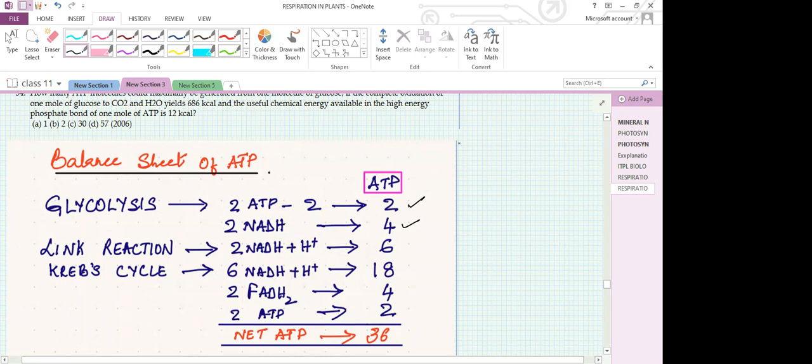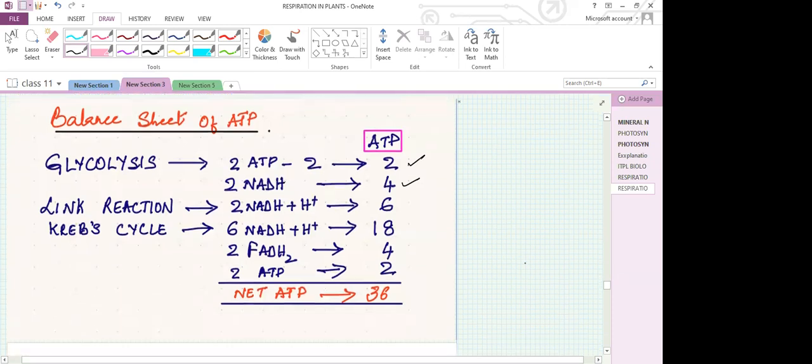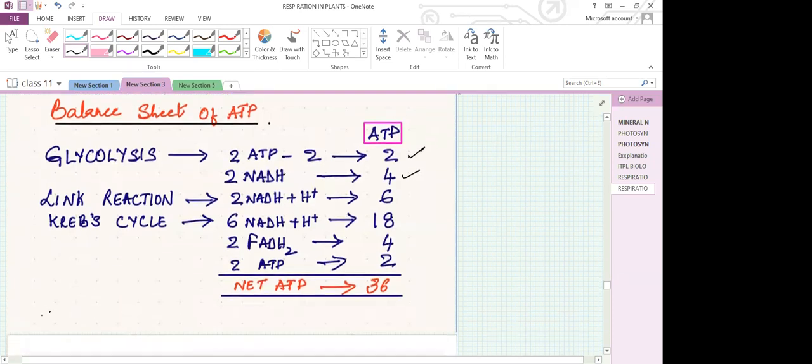Therefore, the net ATP formed is 36. The gross ATP formed, in the equation we put, is 38, where 2 are utilized in the investment phase in glycolysis, and hence the net is 36 ATP.